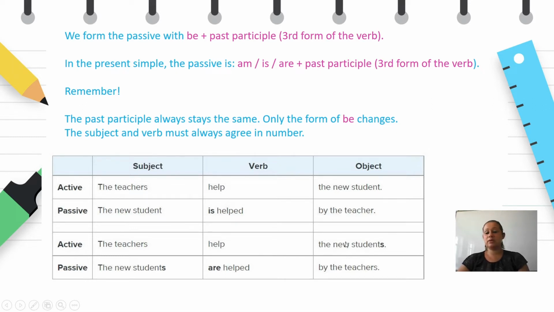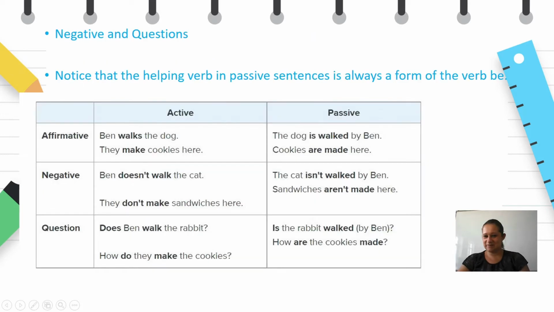Now if we're talking about plural, like in this example, the teachers help the students, this is the active sentence, then in the passive sentence we have to be careful with the proper verb of to be. So the passive sentence should be, the new students are helped by the teachers.